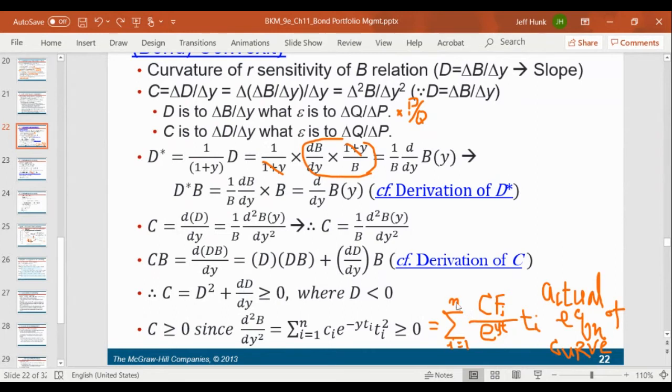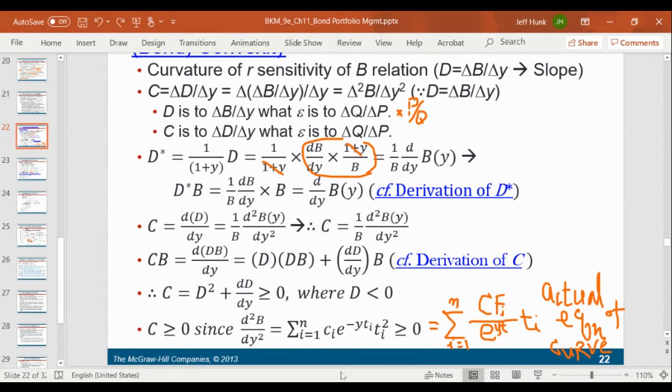In other words, another way of expressing convexity is, I mean, this is actually the curvature. You might think, oh, isn't that convexity? No. That's cash flow, actually. There are many ways to express convexity, and this is not actually convexity.